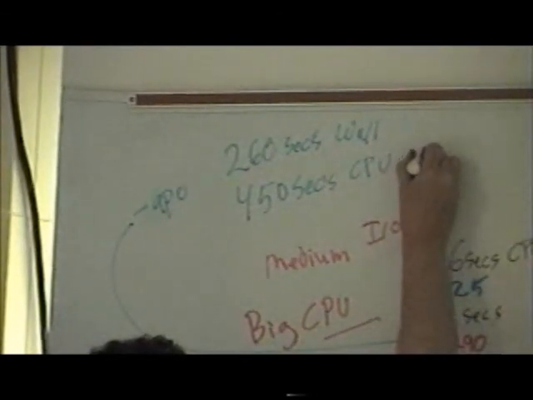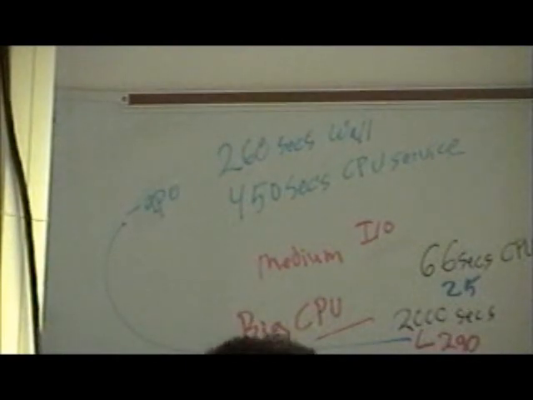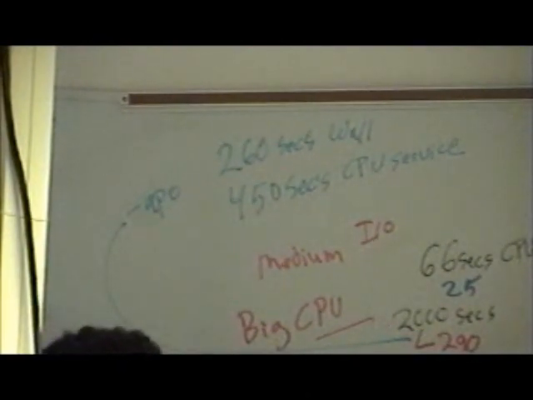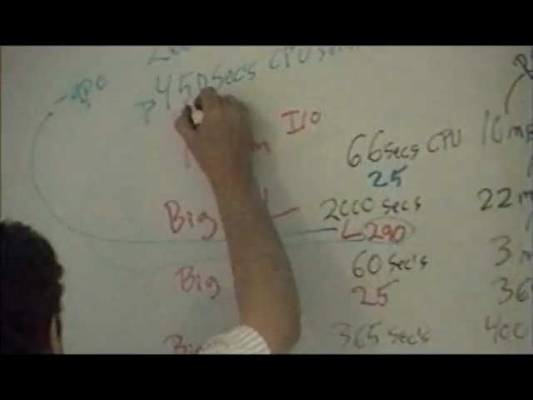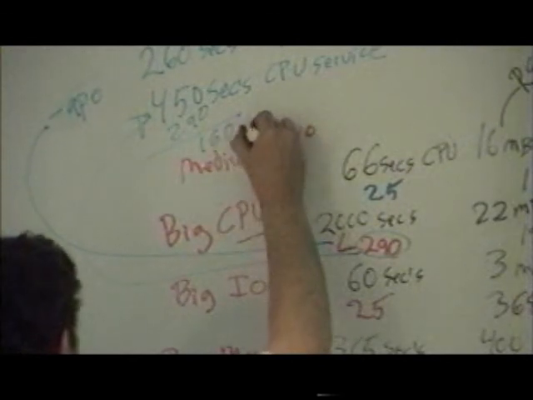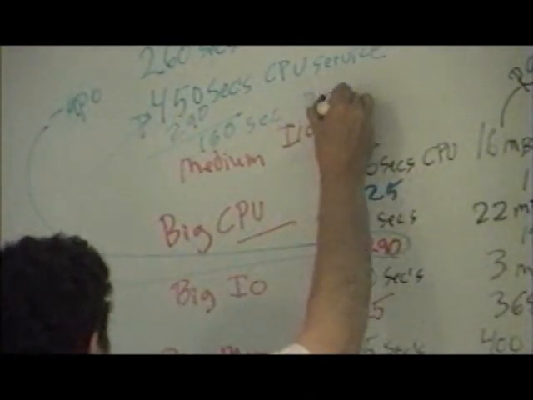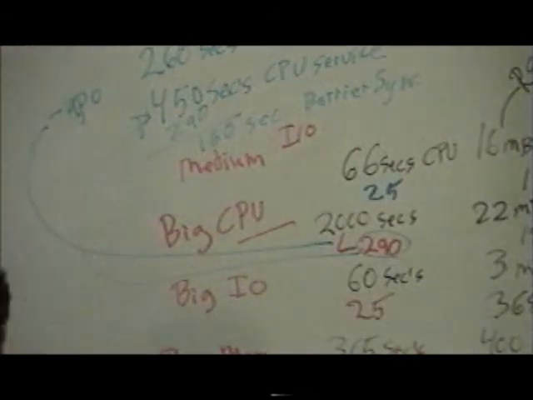CPU service time. So the difference from the 288 that we had here, 290, to the 450, is 160. So there's 160 seconds of barrier syncing, assuming I had Perfex data to confirm that.